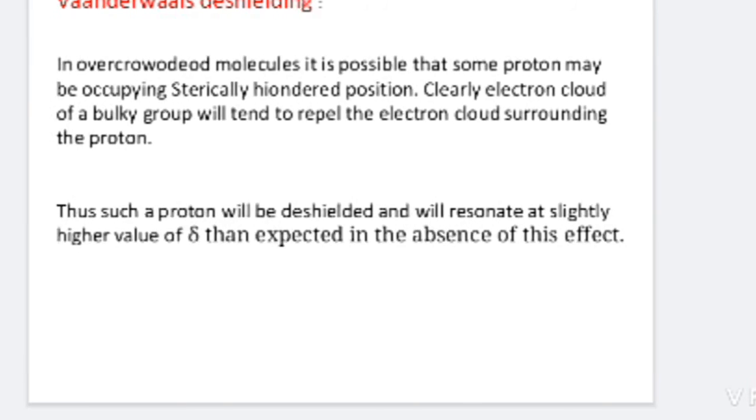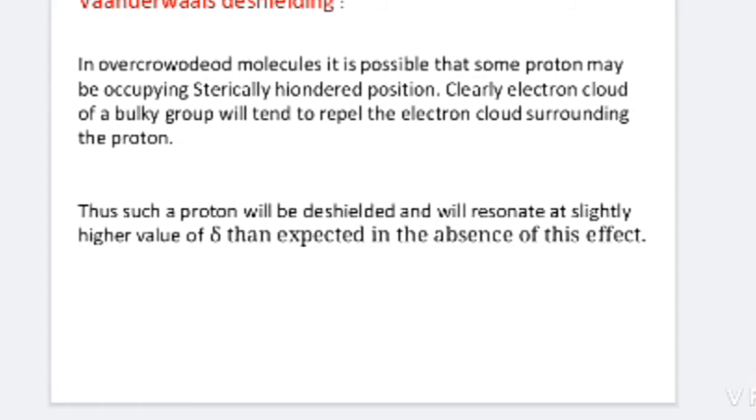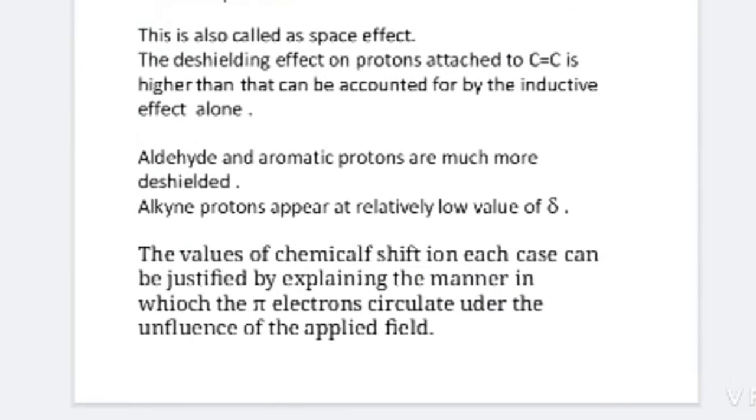Thus, such a proton will be deshielded and will resonate at a slightly higher value of delta than expected in the absence of this effect. So this is about van der Waals deshielding.